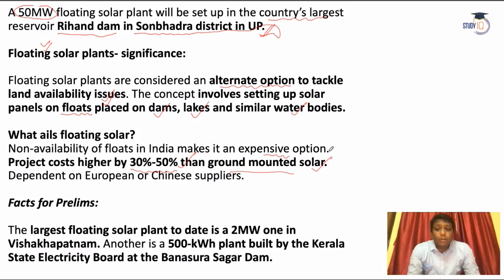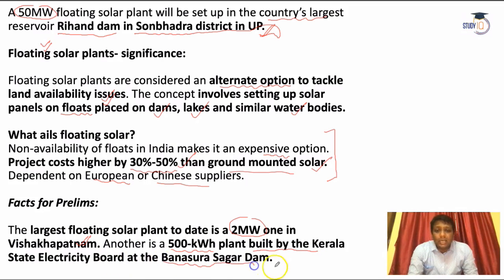And for floating solar plants, India is dependent on European countries and Chinese suppliers. It means India is not yet developing floating solar plants on its own. The largest floating solar plant in this state is a 2 megawatt plant in Visakhapatnam, and another is a 500 kilowatt plant built by the Kerala State Electricity Board at Banasura Sagar Dam.